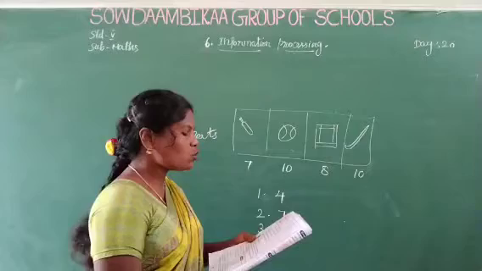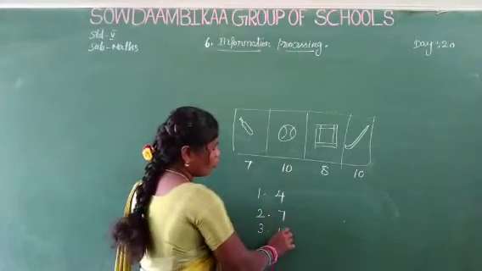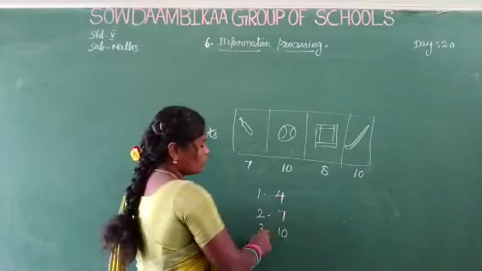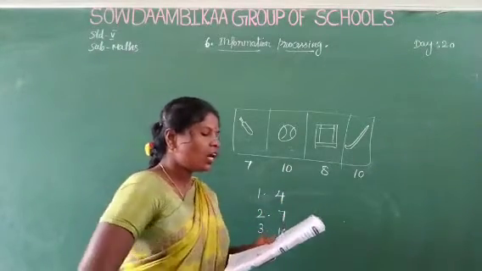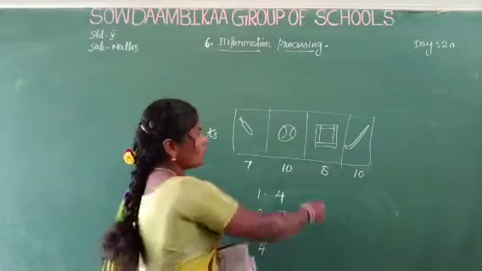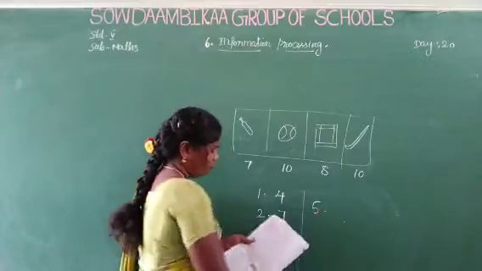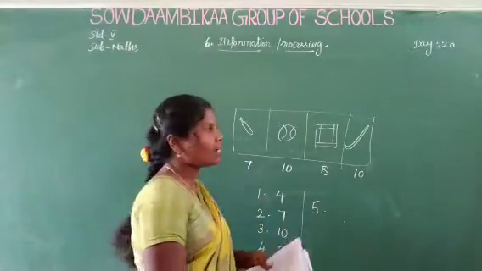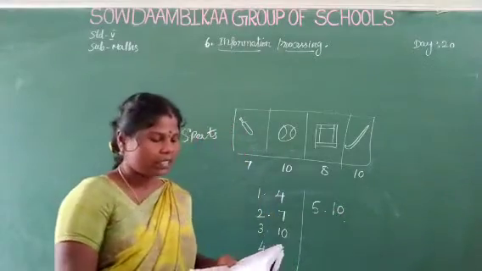Third one, how many students like football? 10 football. Fourth one, how many students draw carom board? 8. The last one, the fifth, how many students like hockey stick? 10 students like hockey sticks.